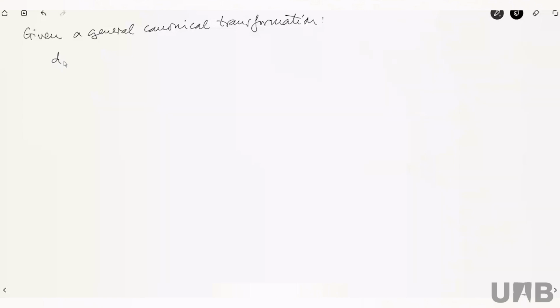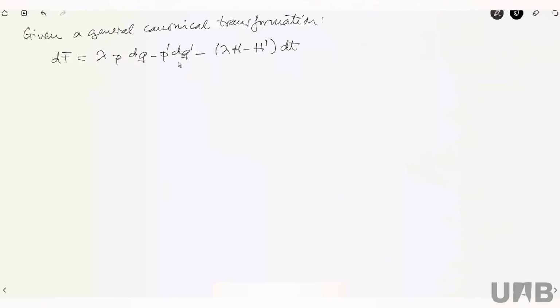If you go back to the first blackboard that we wrote down for canonical transformations, we saw that the differential of what we called the generating function is lambda p dq minus p prime dq prime minus lambda h minus h prime dt. Here I'm just using, for simplicity, one variable q and one variable p. If I have a bunch of them, I would have to sum over all of them.